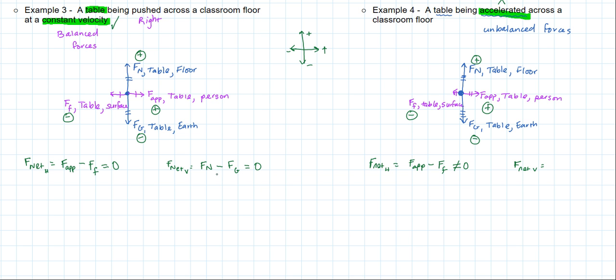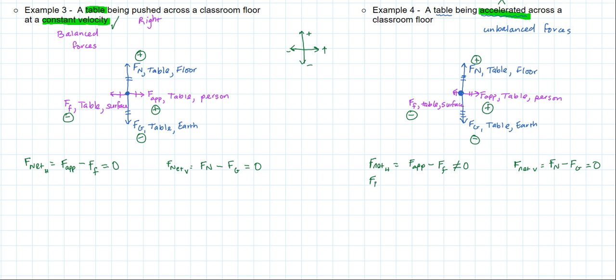The vertical net force is going to be exactly the same here, and it is independent of the horizontal, and it's just balanced out. So you can have a vertical set of forces that is balanced, but a horizontal set that is unbalanced. Now, what do we write when we have a situation where it's not equal to 0? Well, that is going to be a case where it's accelerating. And so if you remember from any of the activities that we looked at before, when you are accelerating, in order to show the relationship between the force and the acceleration, what we're going to write is mass of the object times the acceleration.